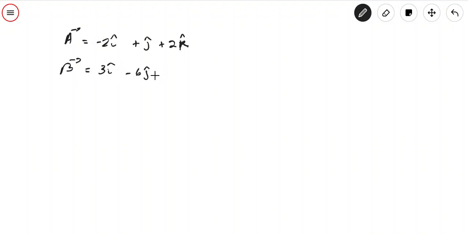So suppose we have the vectors A, that is negative 2i plus j plus 2k, and a vector B, which is 3i minus 6j plus 2k.